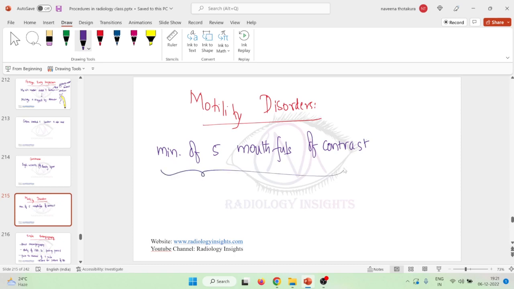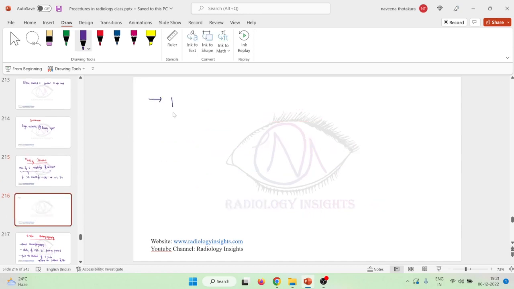Out of these 5, if more than 2 mouthfuls are abnormal, then we can say it is a positive diagnosis. In motility disorders, the prone swallow is one important thing. It is important for assessment of esophageal contraction in the absence of gravity.